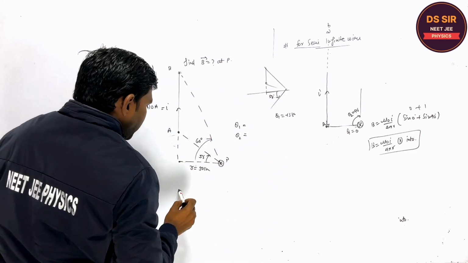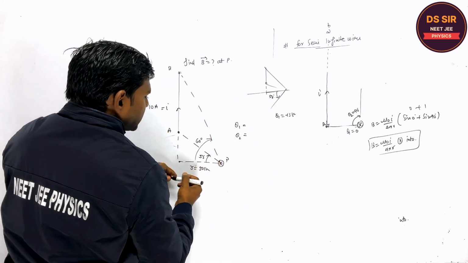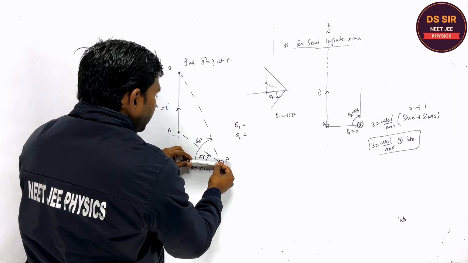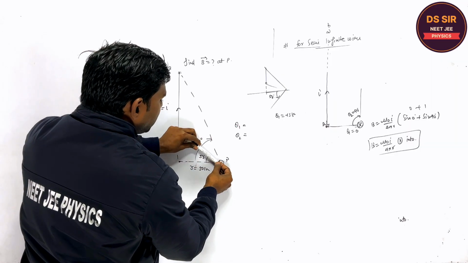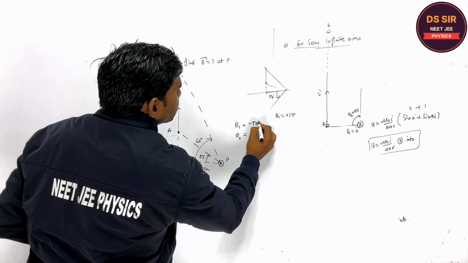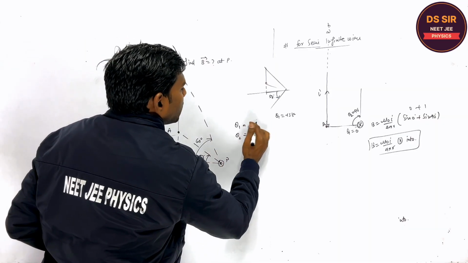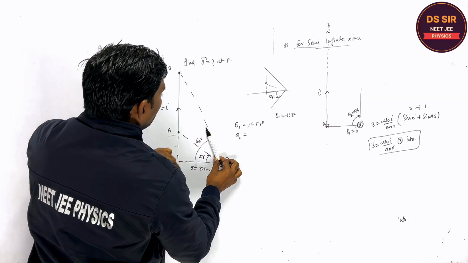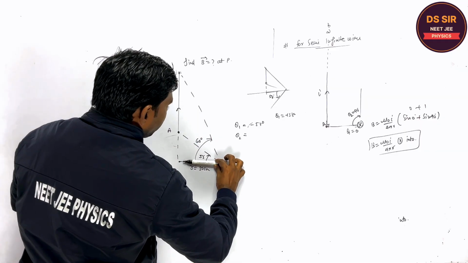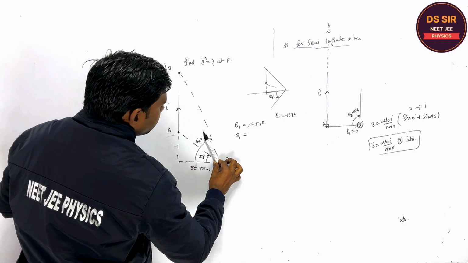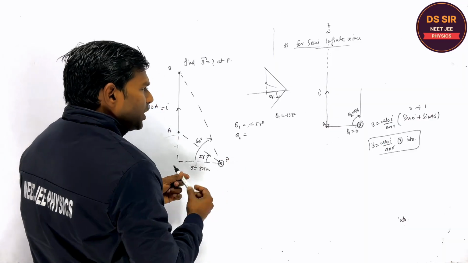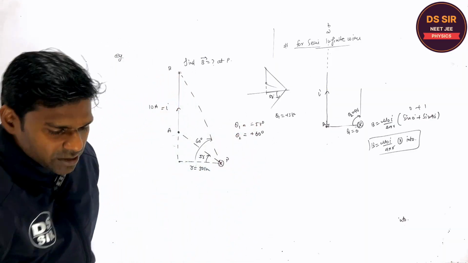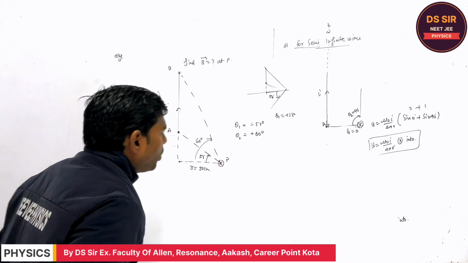So the point A is above the reference line, and this angle 53 is taken as minus 53. Is it clear or not? Yes. And the B point is as it is, no problem. B is making the 60 degree in the correct direction, so it is taken as plus 60 degree. Is it correct or not?